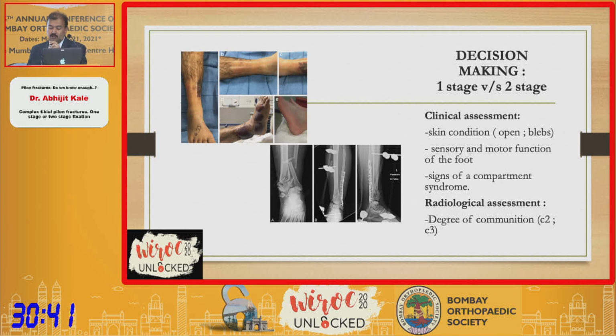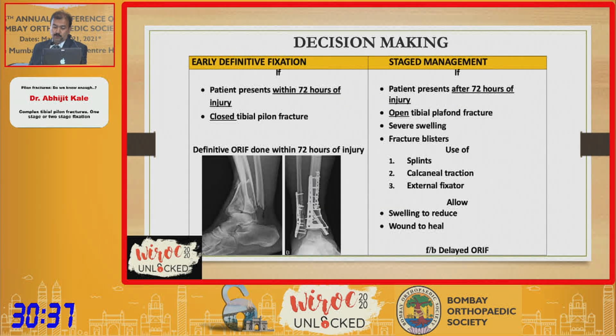The higher the degree of comminution, the more that can help you. Thus, early definitive fixation is preferred if the patient presents within 72 hours and has a closed injury. However, if the patient presents late, or has an open injury, severe swelling, or associated blisters, then one can plan a two-stage.